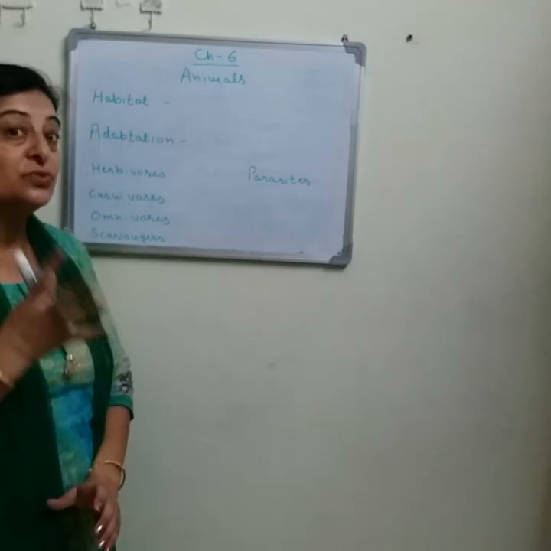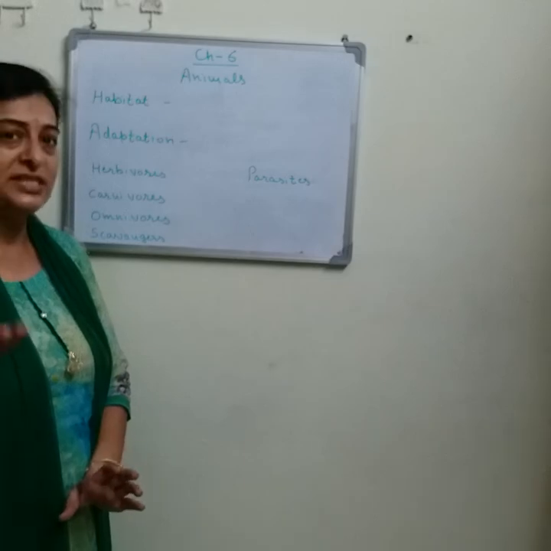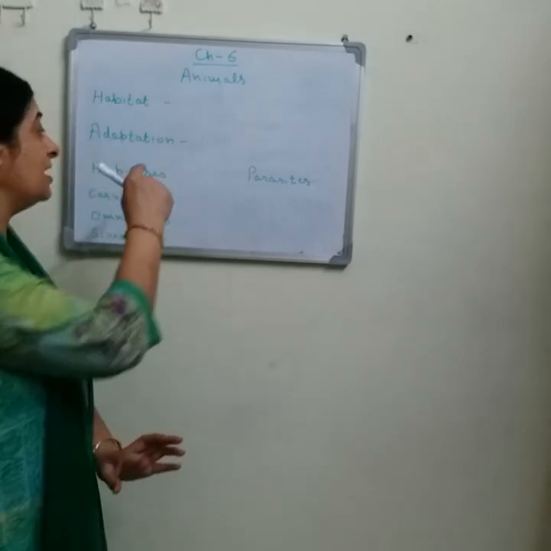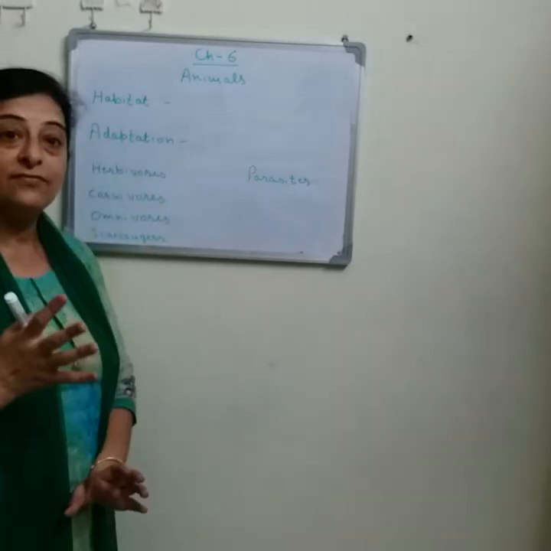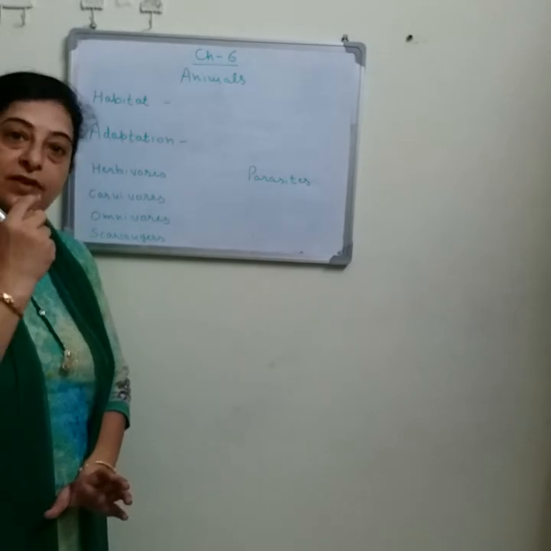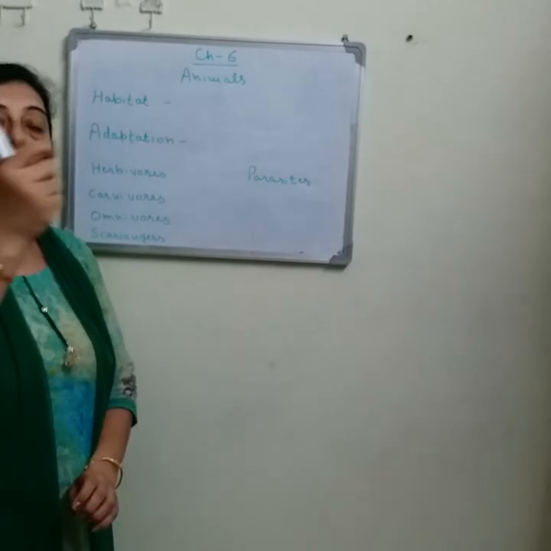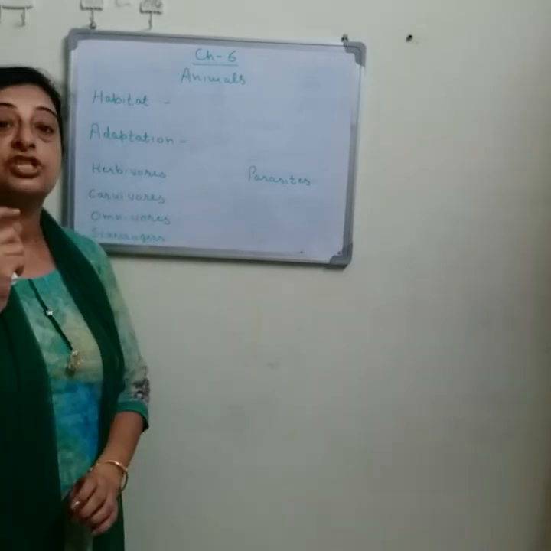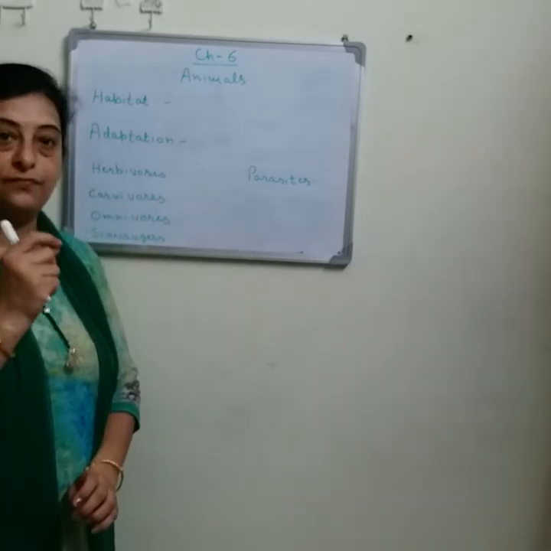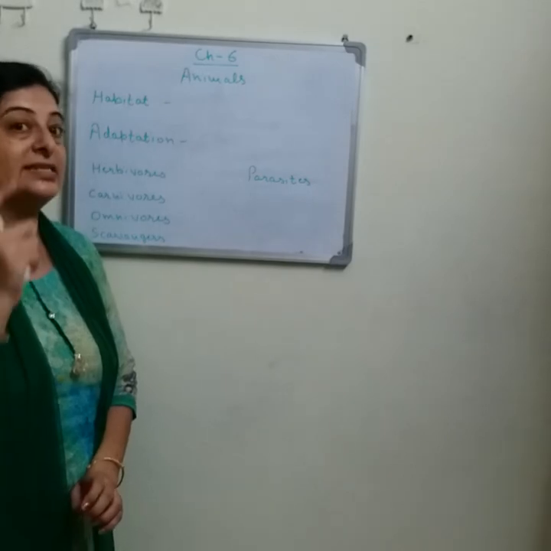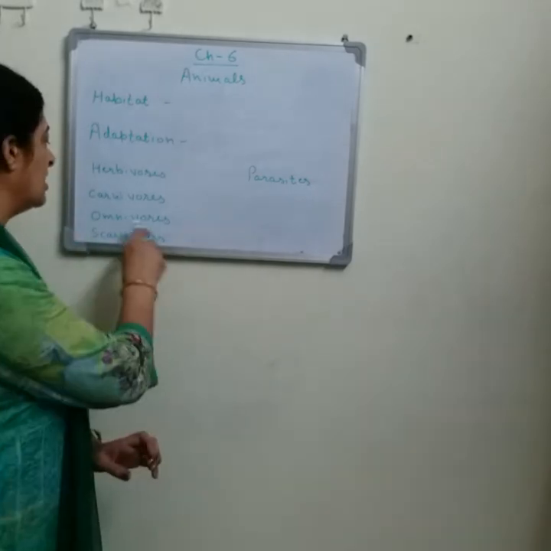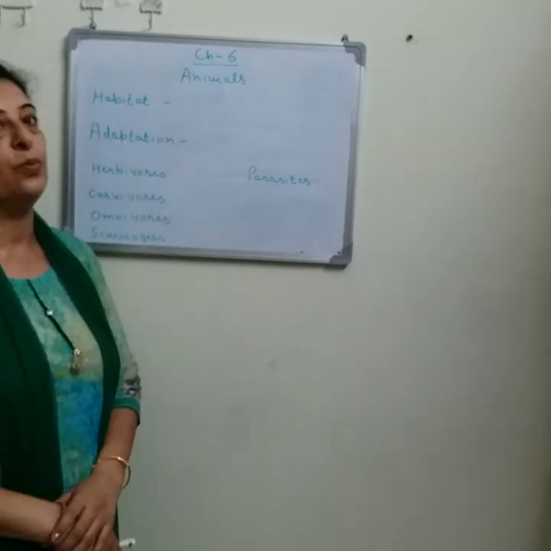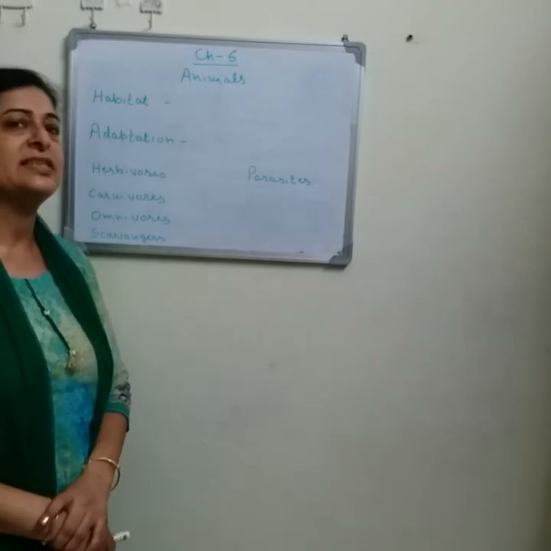So these are the adaptive features: herbivores have sharp teeth in front so that they can easily bite plant products, and carnivores have sharp canines in front so that they can easily tear the flesh.